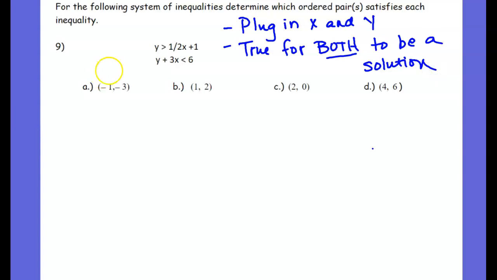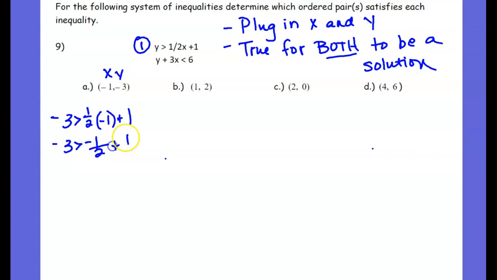So when I plug in these x's and y's into the first equation, my y is -3 is greater than 1/2 times -1 plus 1. Now I just follow my order of operations. -1/2 plus 1. So -3 is greater than 1/2, and that's a false statement. So I can move on. I know it's not A.